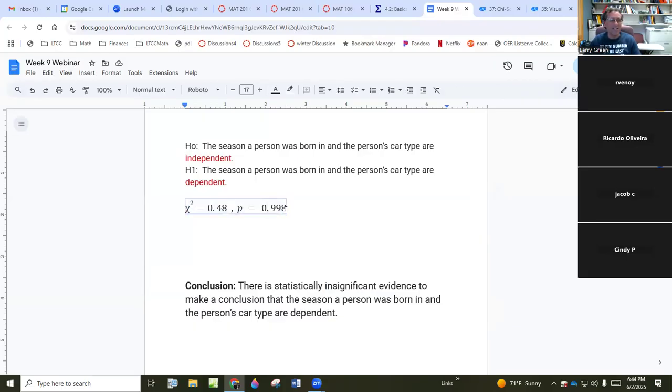It's not a guarantee, but when you have such a big p-value, it's time to give up. It usually means that H naught was just probably true. You can't say for sure it was true, but you give up. If the p-value is say 0.13, then you might want a bigger sample size because then you're kind of close. Do you see? But 0.998, that's too big a p-value.